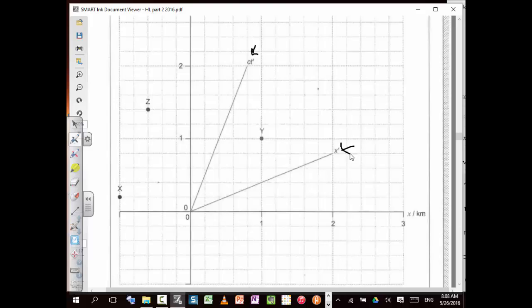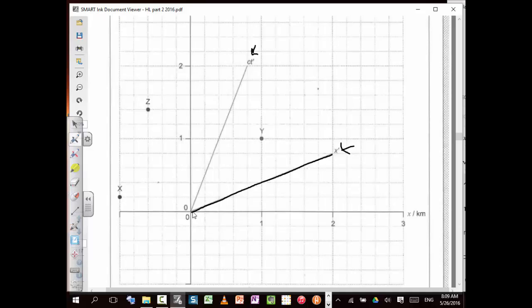To find out which of X and Y occur first, what we need to do is draw a line parallel to the X dash axis, because all events on lines parallel to this line are going to be simultaneous. So if the events fall on a line that's parallel to that, they're going to be simultaneous.